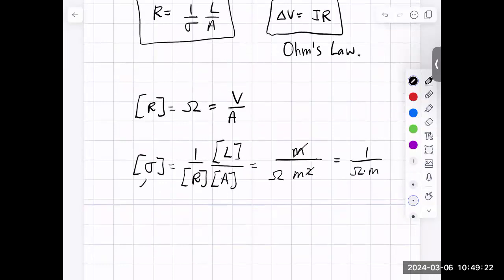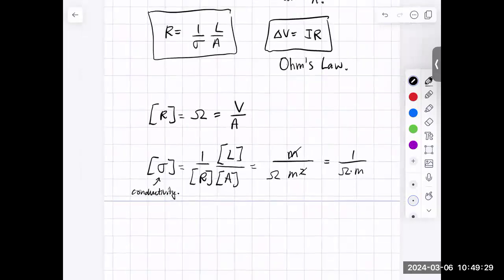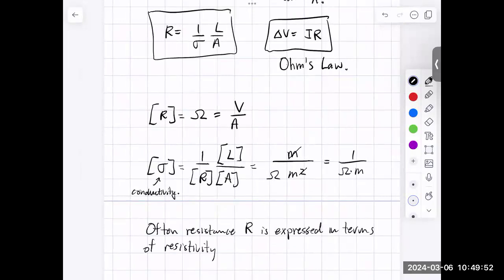Okay, so sigma is the conductivity. The last thing I'll do is, you may have seen resistance expressed in another way. So often resistance R is expressed in terms of resistivity rho, which is just 1 over the conductivity.